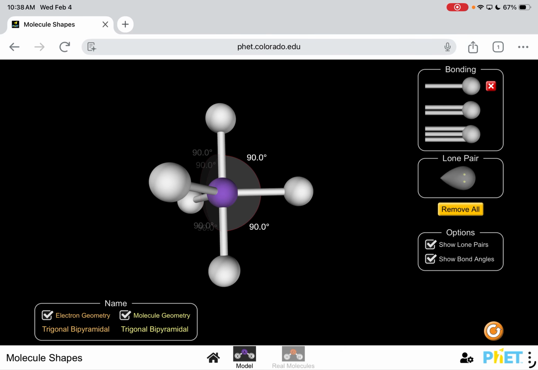So those ones are 90 degrees away from the plane. So when we talk about bond angles, it's not appropriate to say 90 or 120. We need to say 90 and 120, okay? Because different atoms are going to have different bond angles. And that's just the nature of dividing 5 things evenly amongst 3-dimensional space, that's what's going to happen.